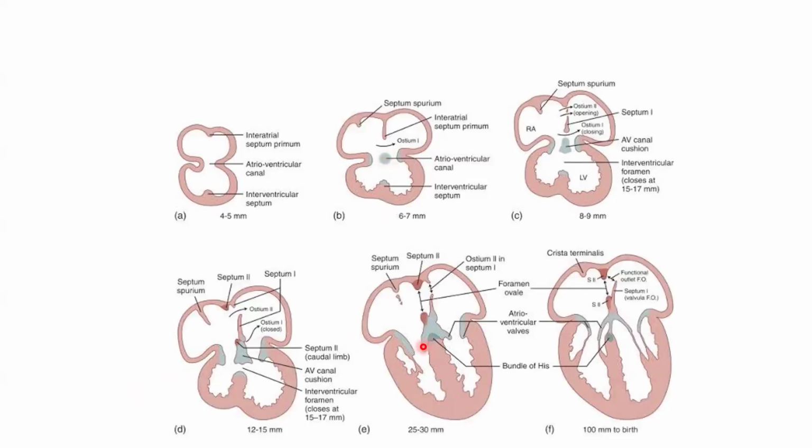And that is what forms the AV valves, okay? And also divides the atria from the ventricles, okay? So we see the significance of the endocardial cushion in the formation of ASDs, in the formation of VSDs, in the formation of AV valve abnormalities, and in atrioventricular septal defects.